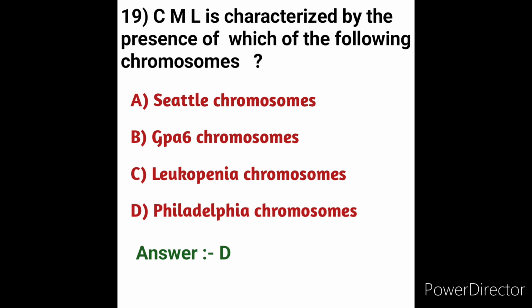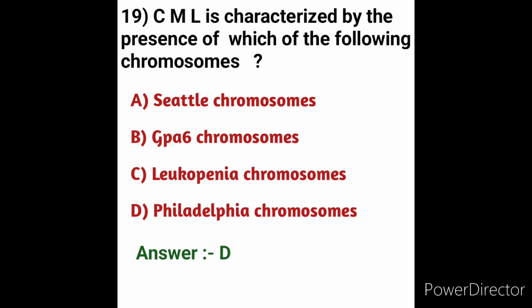The Philadelphia chromosome is the hallmark of chronic myeloid leukemia. The Philadelphia chromosome translocation is a specific genetic abnormality. Acute lymphoblastic leukemia is also one of the common childhood cancers, and we can see CML, chronic myeloid leukemia, due to the Philadelphia chromosome.